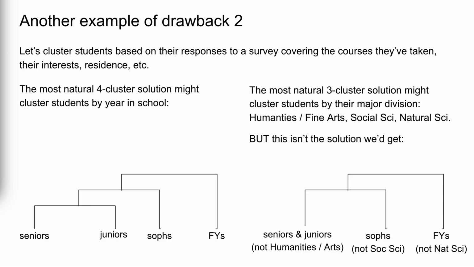And these years do not directly correspond to the 3 major divisions. For example, not all sophomores are social science majors. In other words, year in school is not nested in major division. These dynamics are not hierarchical. The main point being, again, that the hierarchical clustering algorithm is greedy. It makes the best local decisions at the bottom of the dendrogram, which, by the time we get to the top of the dendrogram, don't necessarily produce the most meaningful clusters.